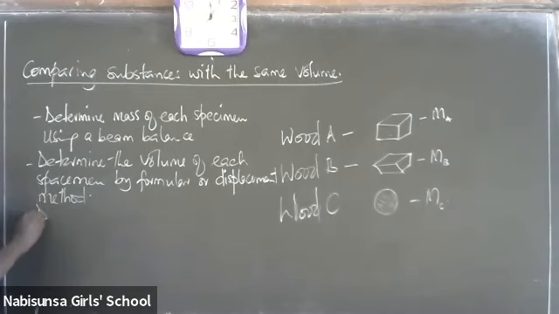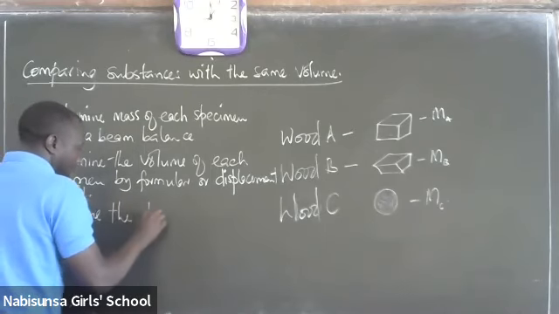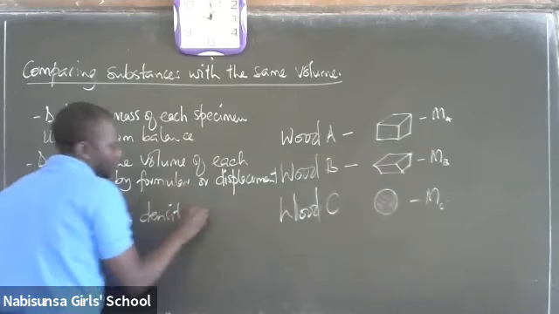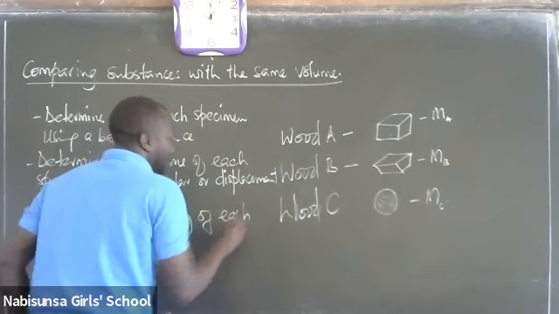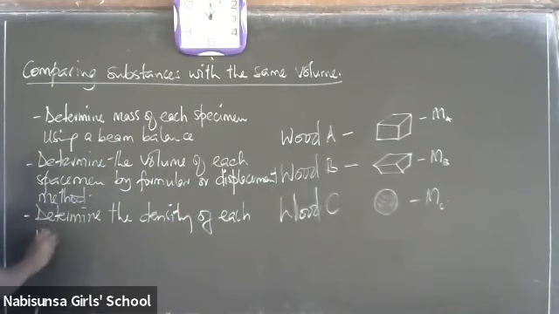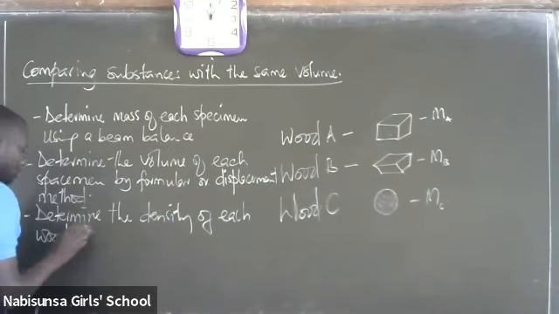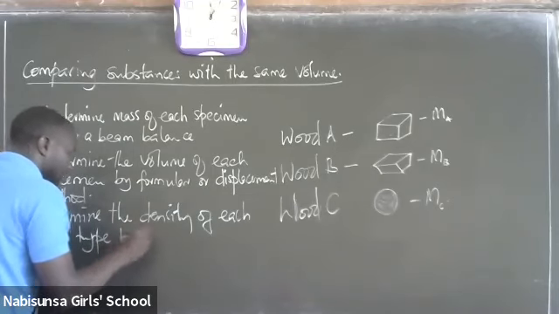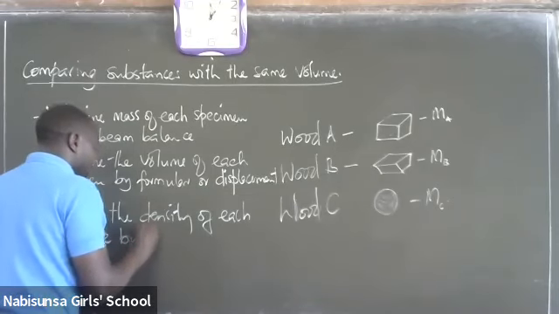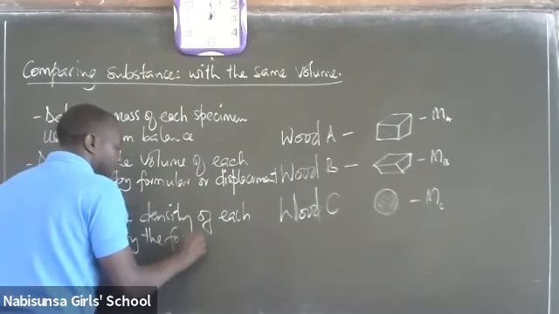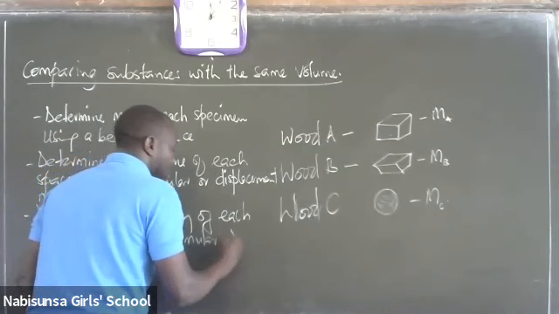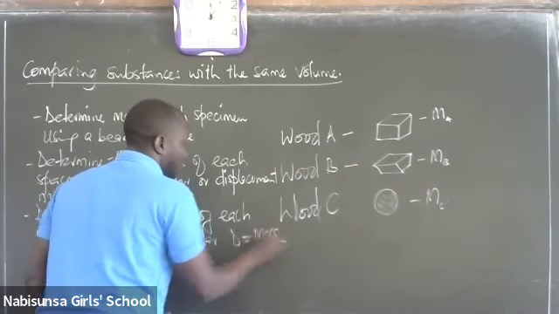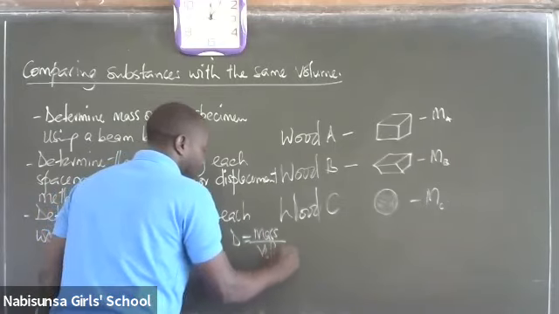Then determine the density of each wood type by the formula density is equal to mass over volume.